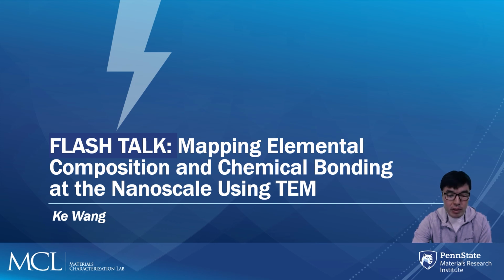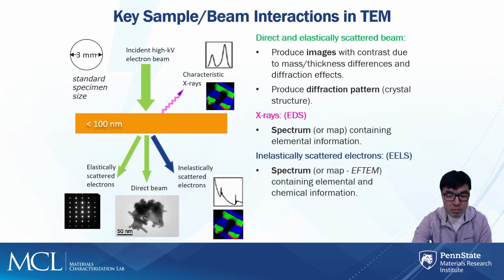Today I want to talk about mapping elemental composition and chemical bonding at the nanoscale by using TEM. TEM is a technique where a beam of electrons goes through a very thin specimen. During the interaction between the electrons and the thin sample, we can collect all sorts of information about the sample.